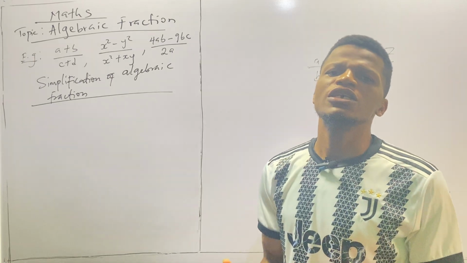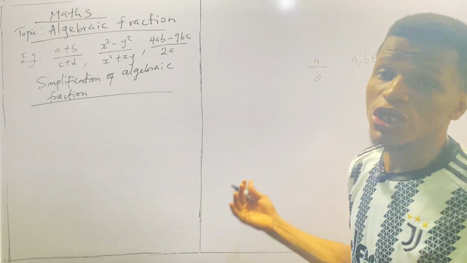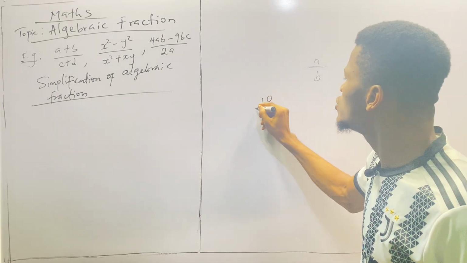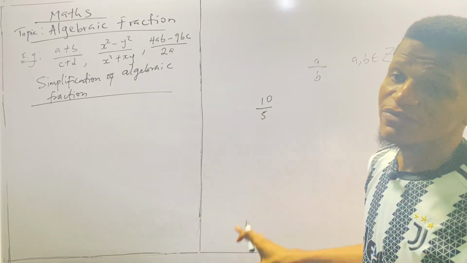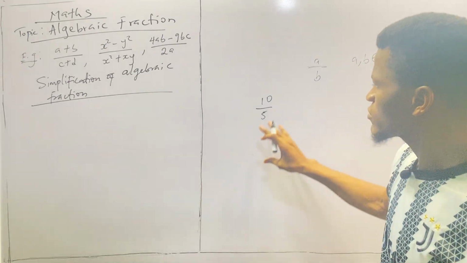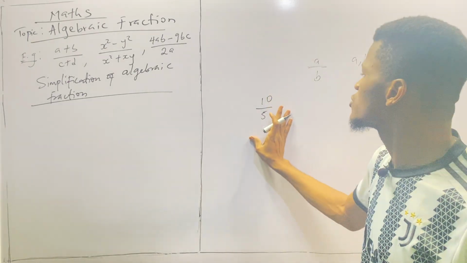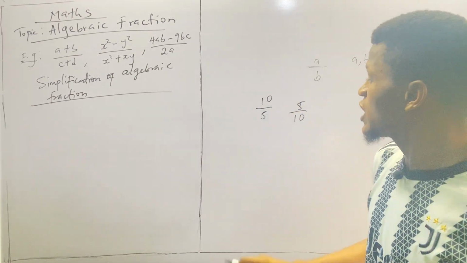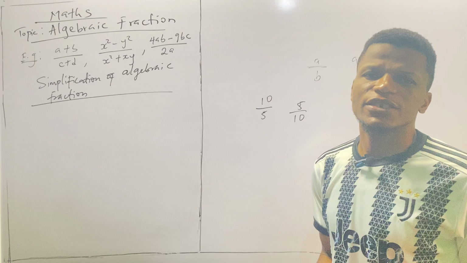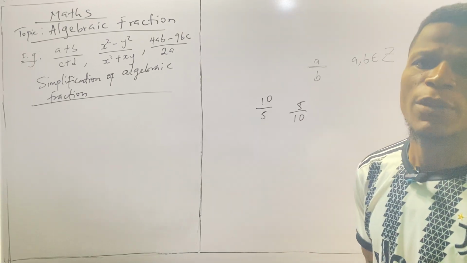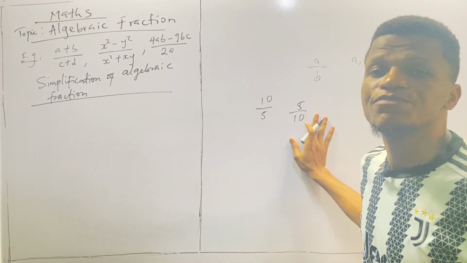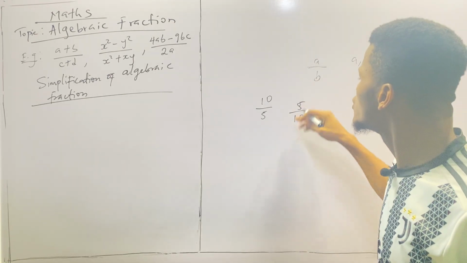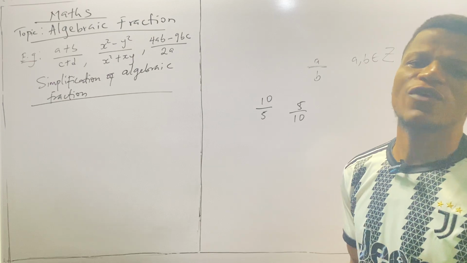Just like we have been dealing with numbers, for instance, ordinary fractions, fractions of real numbers. For instance, we have 5 over 10. Of course, we can't leave this thing like this, because in as much as 5 over 10 is a fraction, it's still not in its proper form. So it needs to be reduced to its simplest form. And its simplest form is we have to take off the common factors.